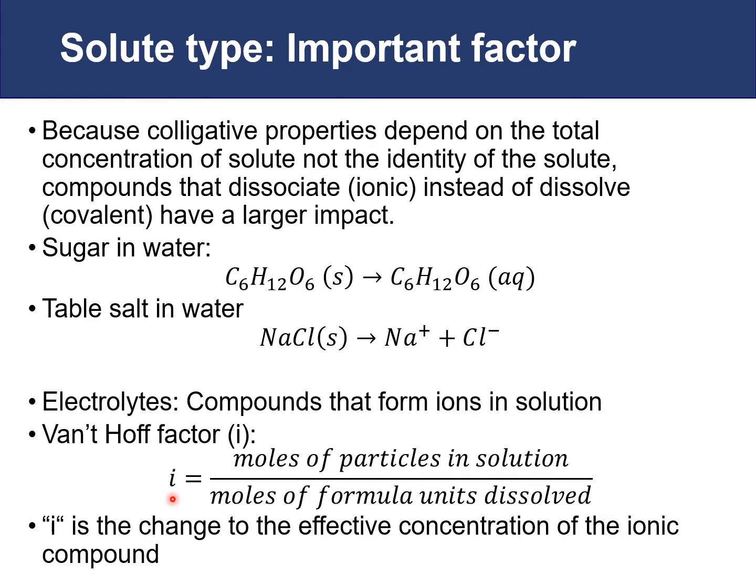We use the symbol i to indicate the Van't Hoff factor, and this is the moles of particles that are actually in solution divided by the moles of formula units dissolved. The formula units, in this case for sodium chloride, would be your sodium chloride as an entire molecule. The moles of particles in solution would be your sodium ions and your chloride ions.